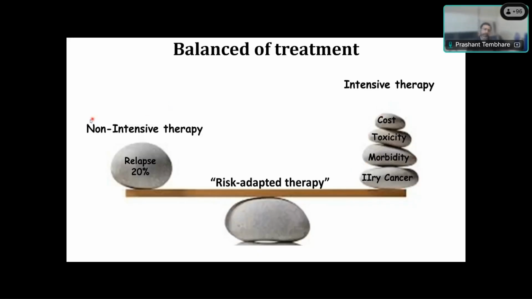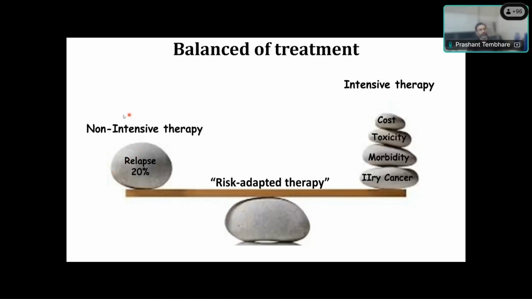Okay. But at the same time, if you give less intensive treatment, there are high chances of relapse because the patient's disease will not be cleared. And that's why you need a balanced treatment. Balanced treatment means a patient with standard risk or low risk disease can be treated with non-intensive treatment, because in this patient the risk of relapse is low.